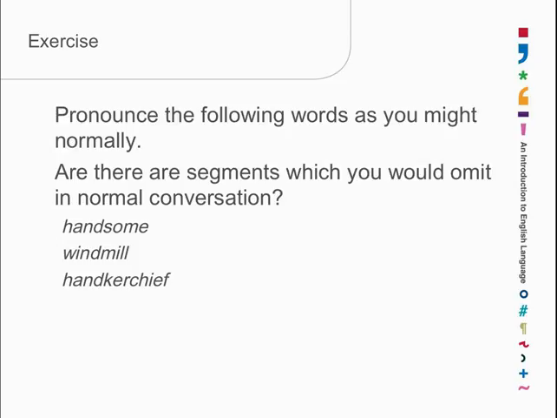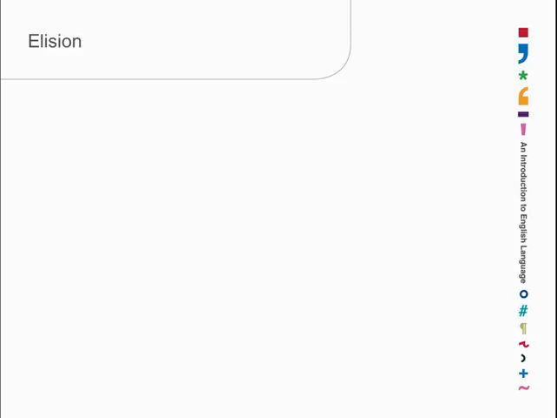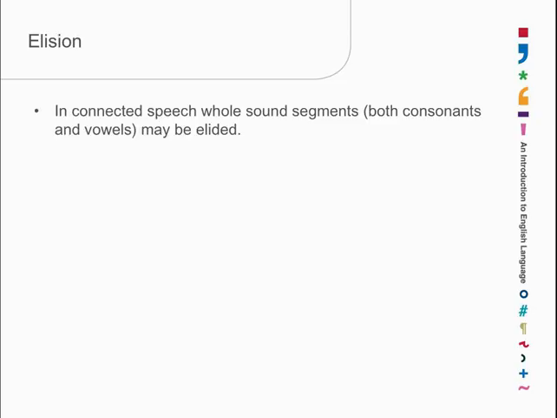Mostly, the T is often not pronounced. So this is called elision. Something is left out. Elided. Now again, there isn't a problem here because in many cases we know what it was that got left out, and so sometimes we could say, well, there was a phoneme there, but its allophone is nothing at all.